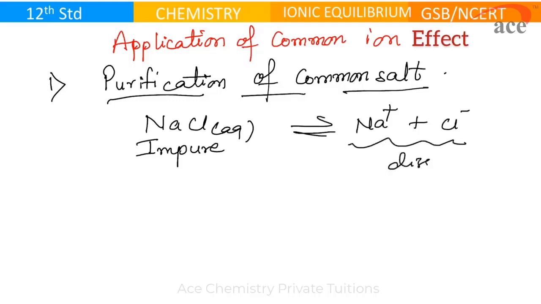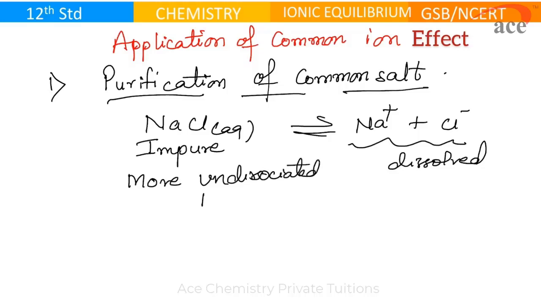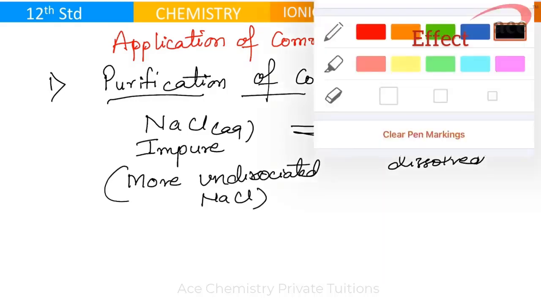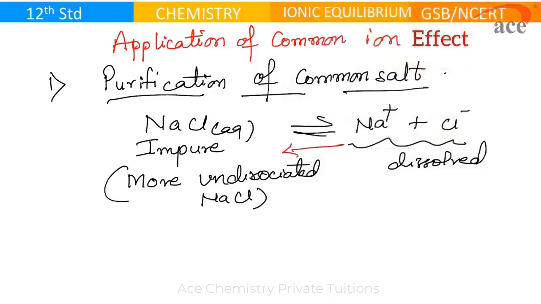Right now this is dissolved, but I want pure NaCl to come out, to precipitate, to solidify. Means I want more undissociated NaCl. So basically I want reaction to shift in backward direction. Means we want more of NaCl solid.